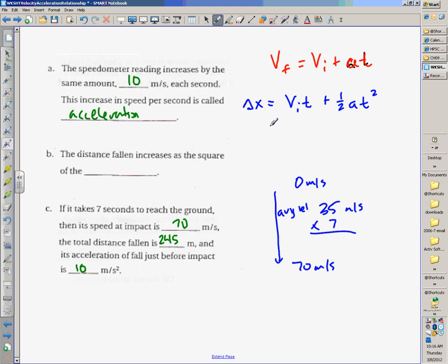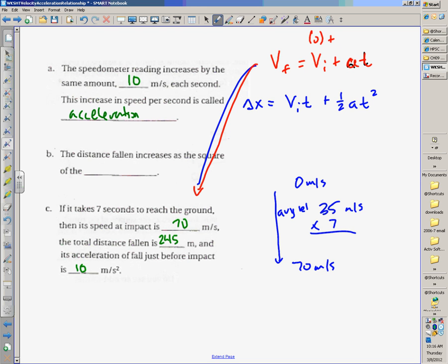What's the initial velocity of that ball? Right when I drop it, at the very instant that I drop it, it's not doing anything. So for this problem, the initial velocity is 0.